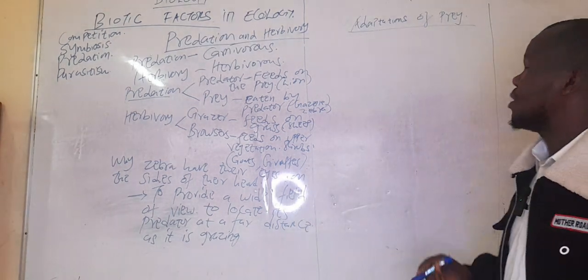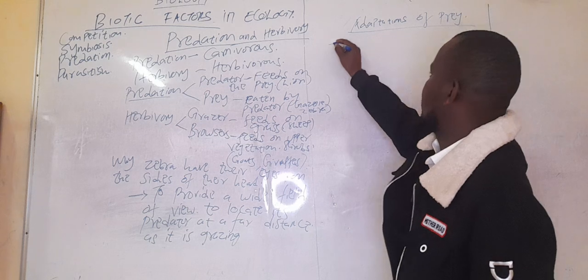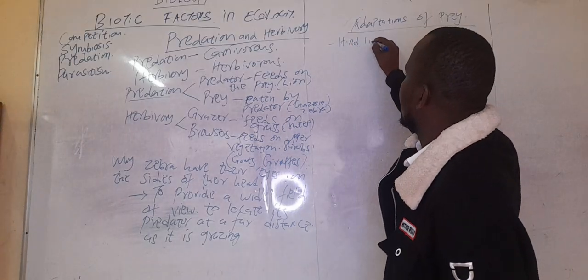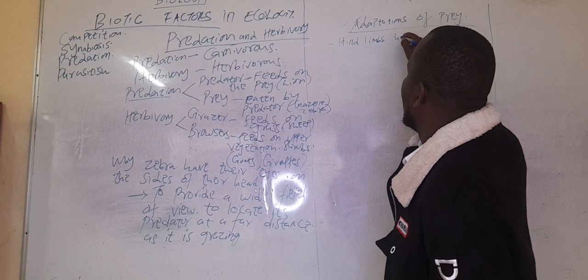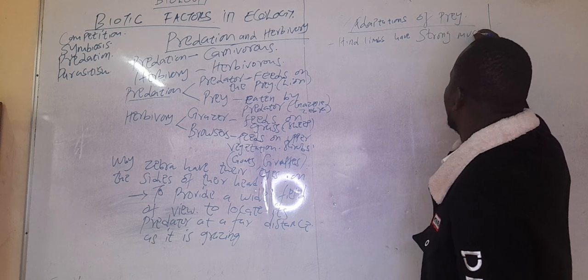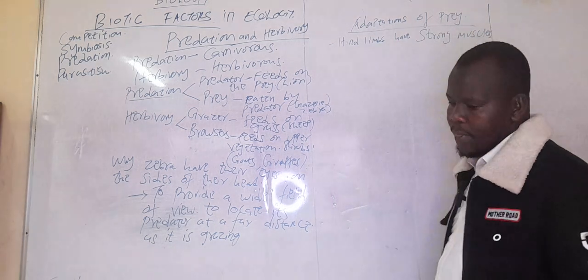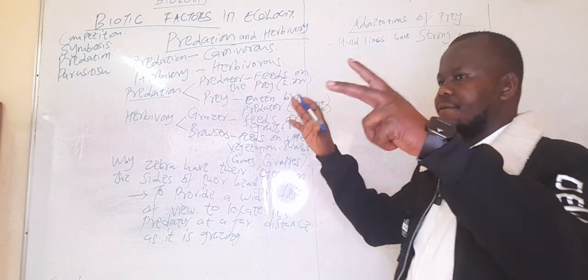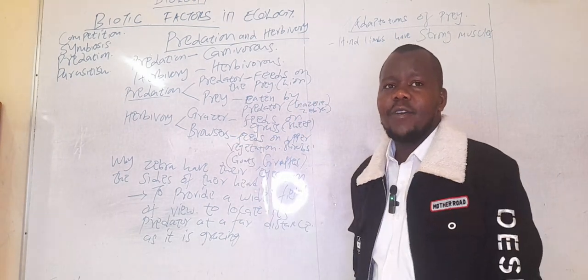The first one is the hind limbs. Hind limbs have strong muscles. This one is the forelimb, the other one is the hind limb.